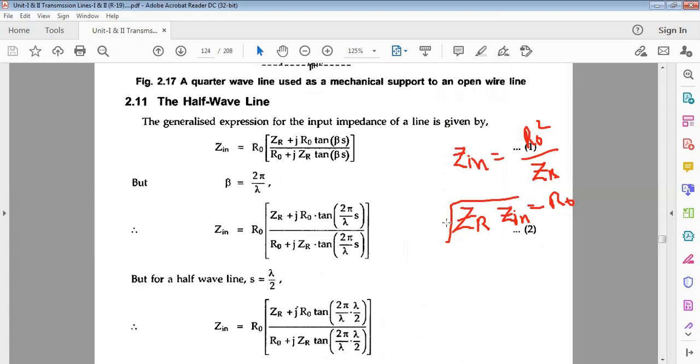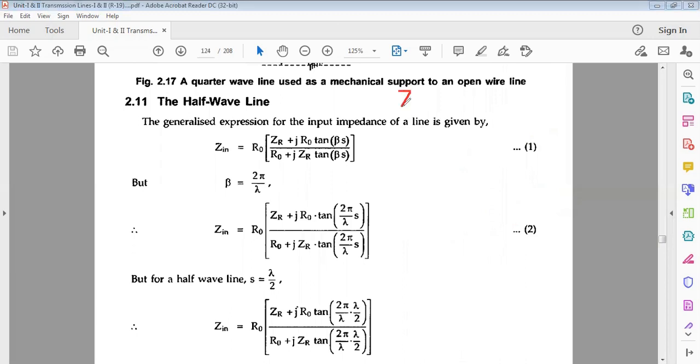Now, the next one is the half wave line. Half wave line, now it is lambda by 2. The same equation you can use.